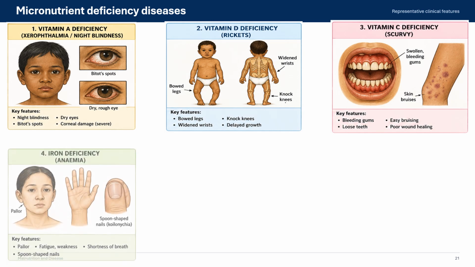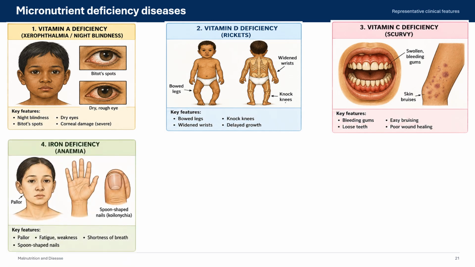Now, another form of micronutrient deficiency disease is caused by iron deficiency. Iron is essential for blood formation and oxygen transportation.